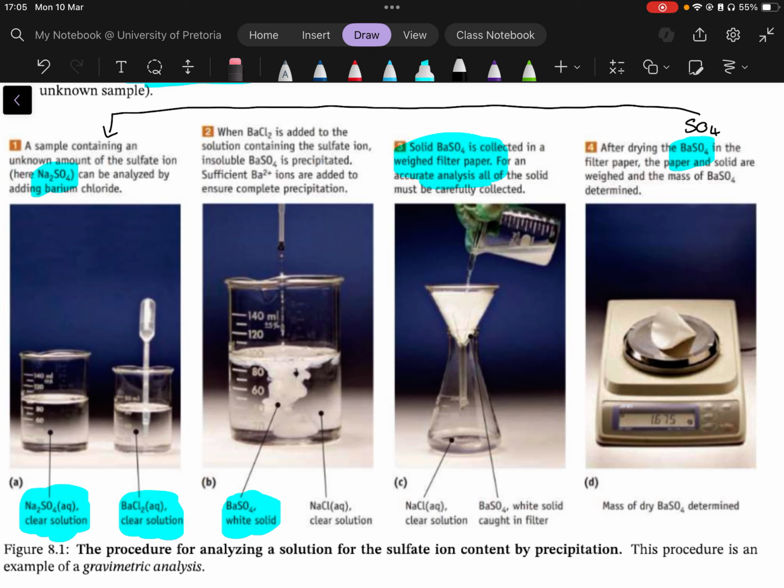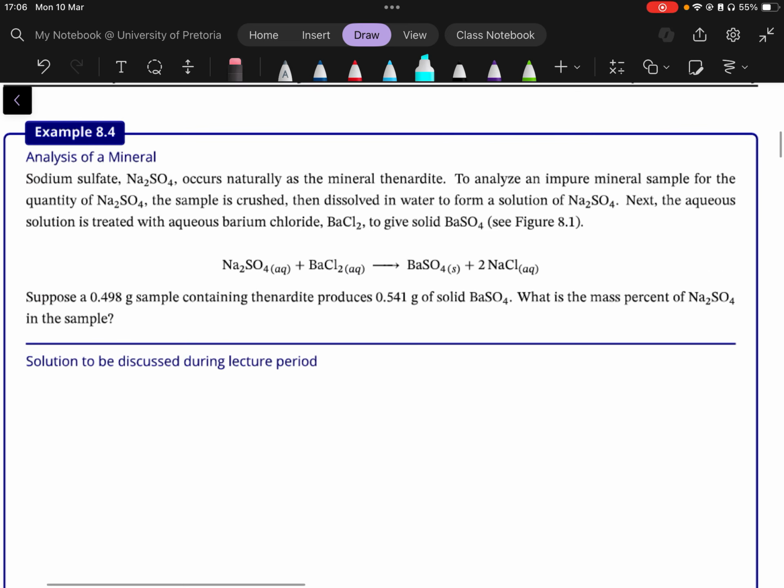So you don't necessarily need to know anything. This is a big unknown, you don't know anything about this, but you do know something here. You're measuring a mass there, so you can determine something about that sulfate and work your way backwards. And that's exactly the question that we're going to look at.